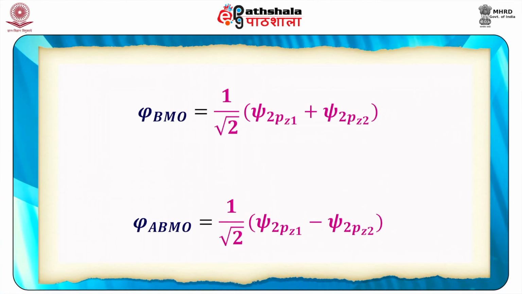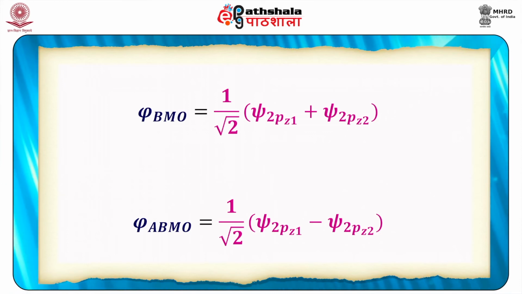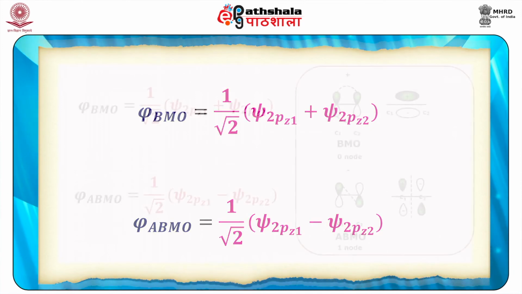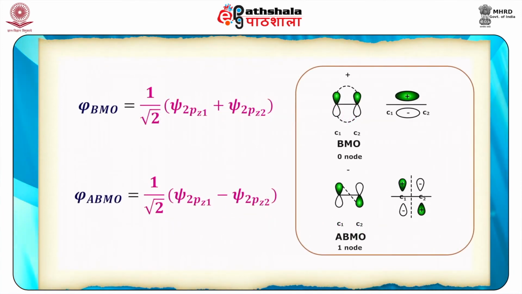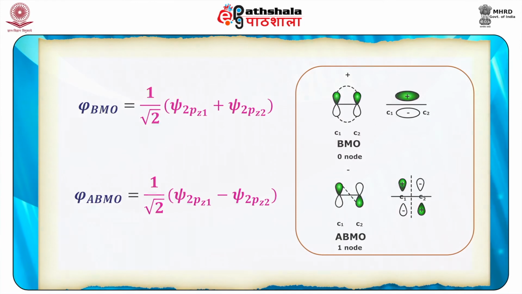Using these wave functions for both bonding and anti-bonding molecular orbitals, the corresponding pictorial representations of these Huckel pi molecular orbitals can also be made, and these are shown in this diagram.